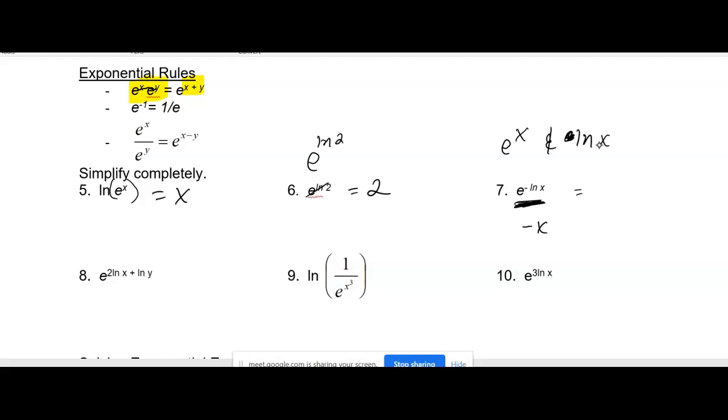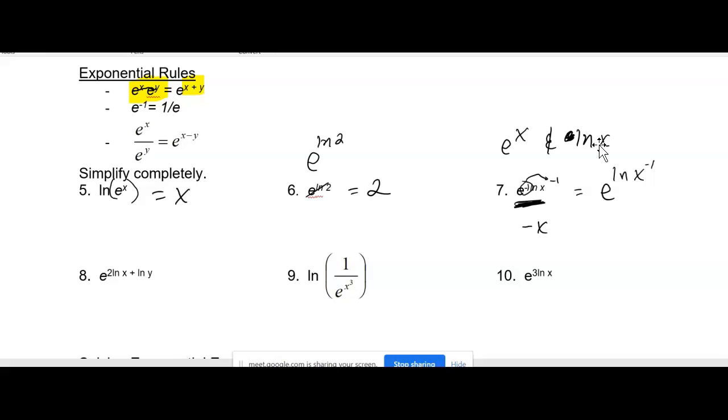We have to get the e raised directly to its inverse, which is a positive natural log. So we take what is basically a negative 1 right here. Using the rules we started the class with, we make that our exponent so that we now have e to the natural log, and the composite is x to the negative 1.